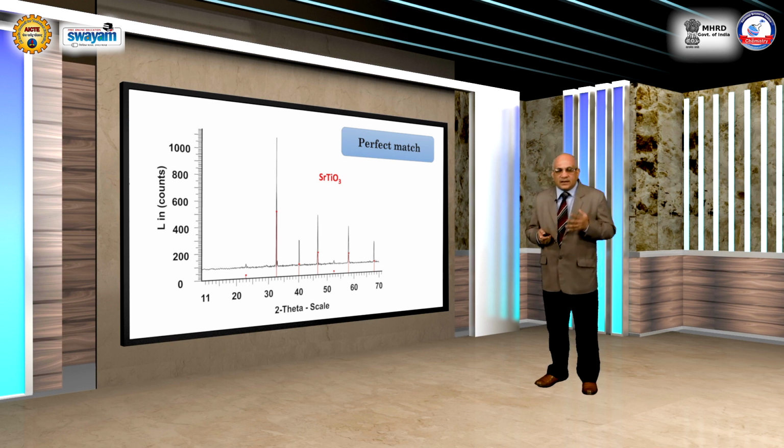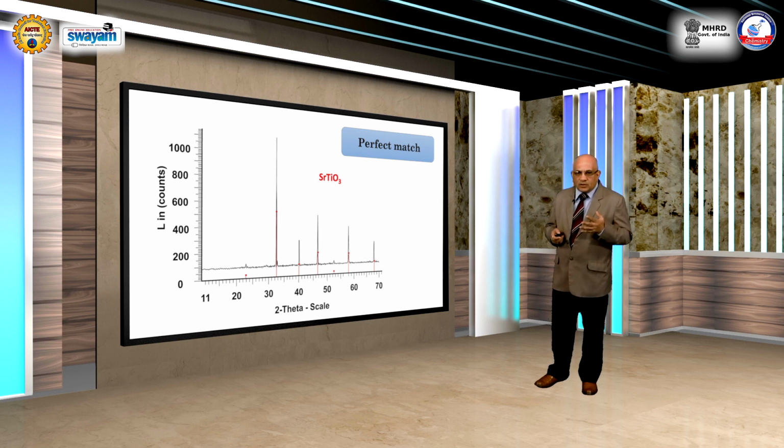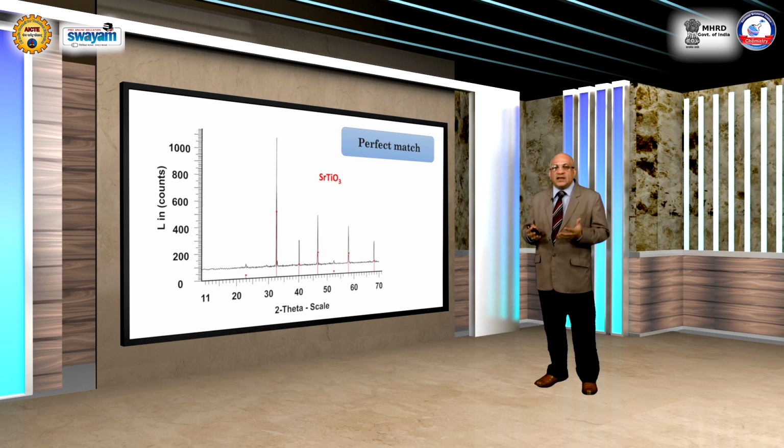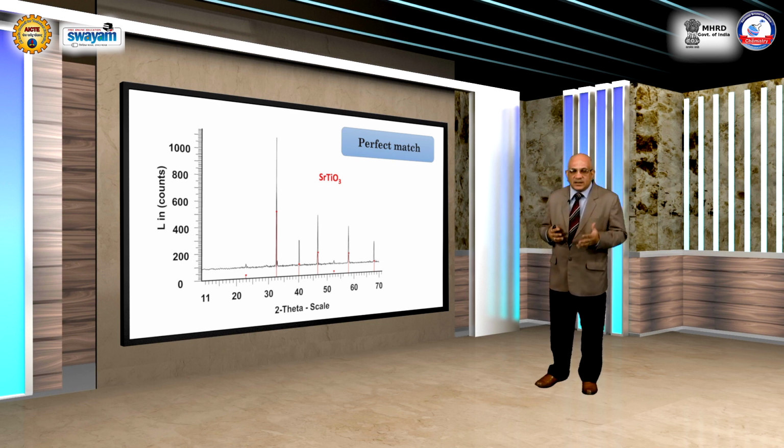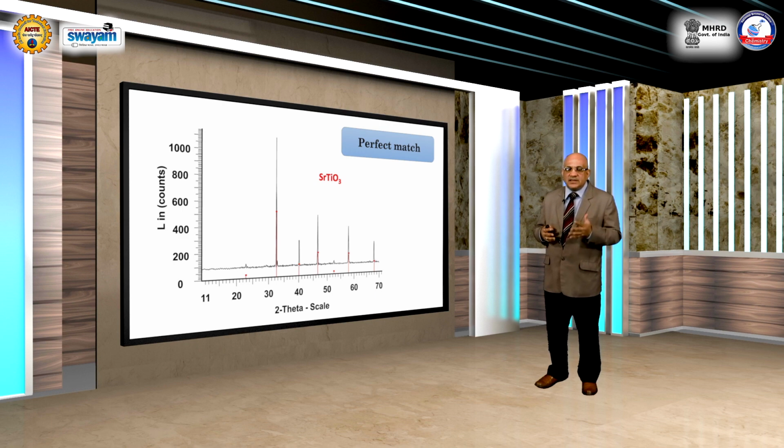Now look at all these materials, and not only match them, but you can also find out details about them like lattice parameters, and what are the reflection planes for each of these d values.